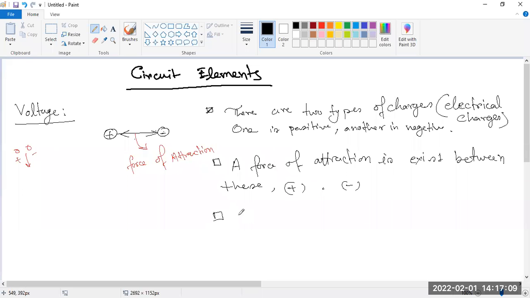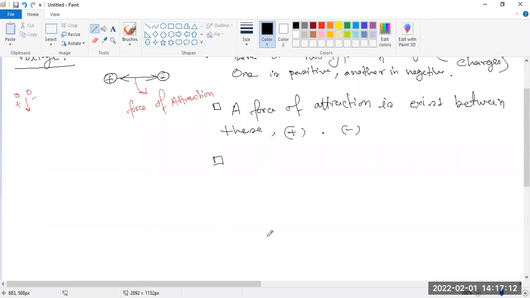Now, if we want to segregate any of these charges from this force of attraction, then we have to apply some force.